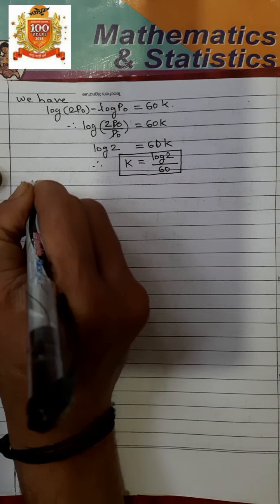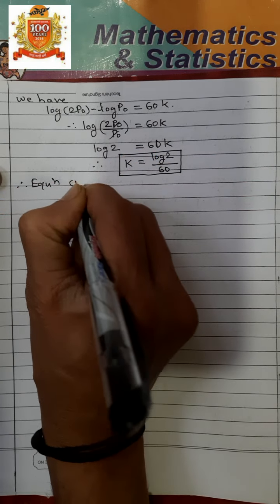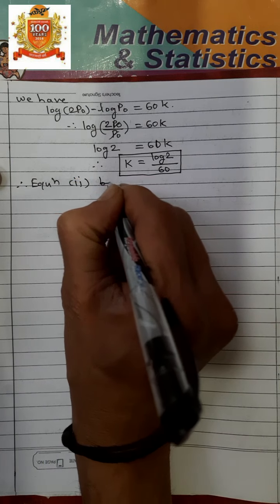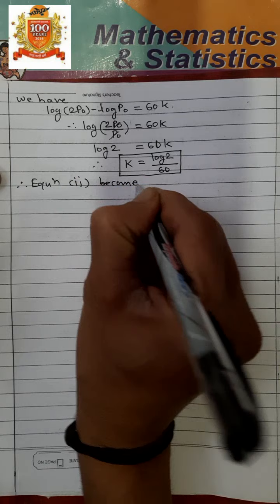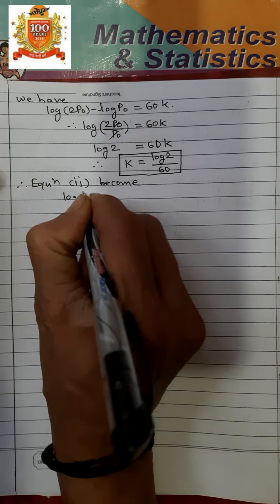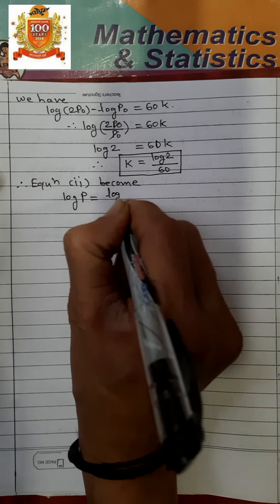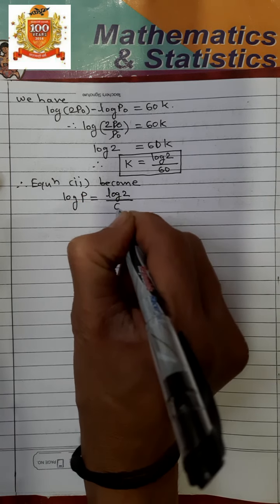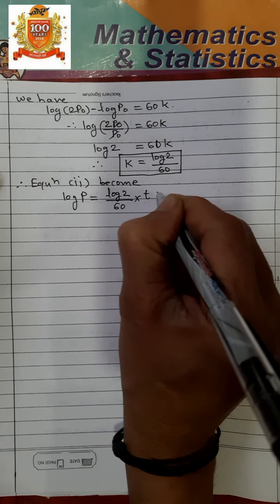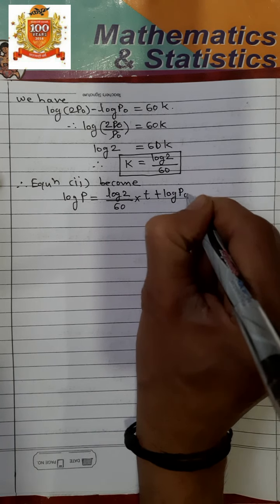Therefore, equation 2 becomes log P is equal to log 2 upon 60 into t plus log of P0, isn't it?